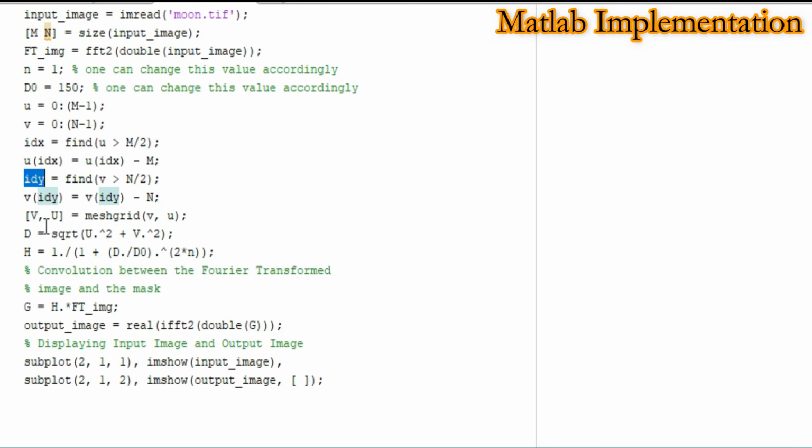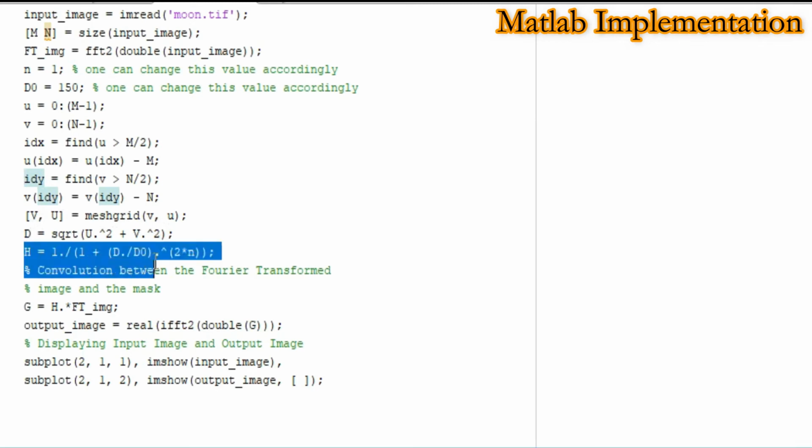After that we calculate the distance value, that is D equal to the square root of u squared plus v squared, where u is u minus m by 2 and v is v minus n divided by 2. So first we find the D value.